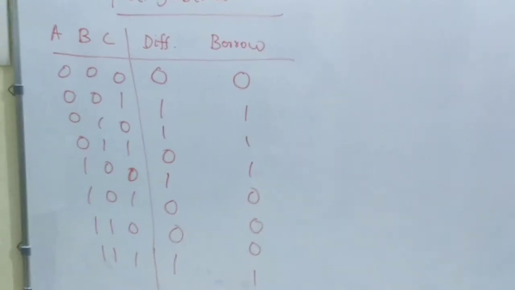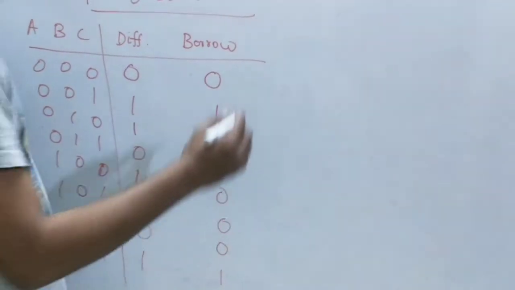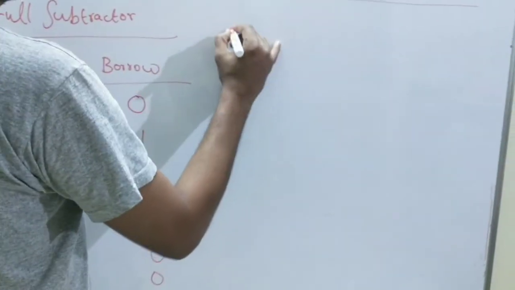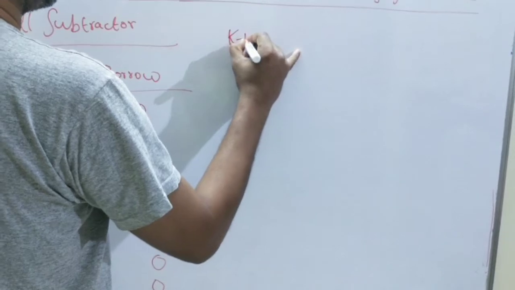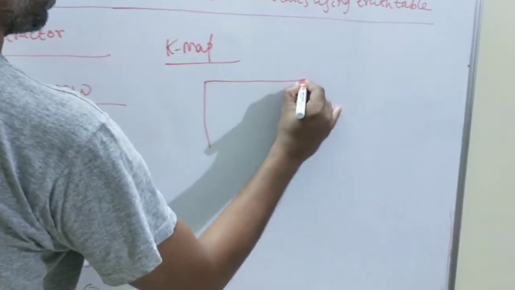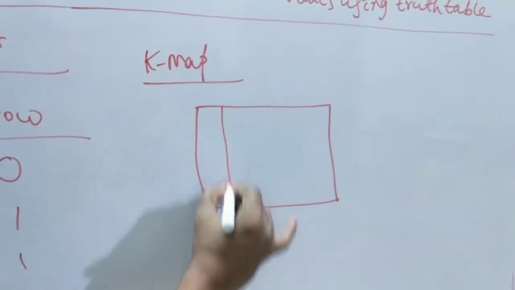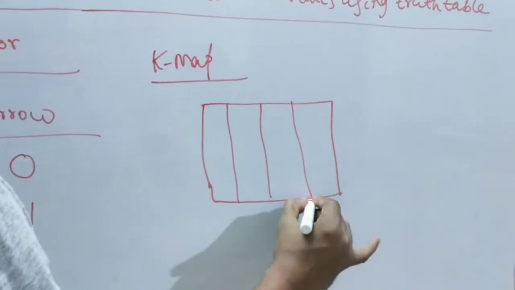Now we need to find the output expression for the difference and borrow. So it is a 3 variable function, so we can go for a K-map. Wherever the simplification is required, we need to make use of K-map.